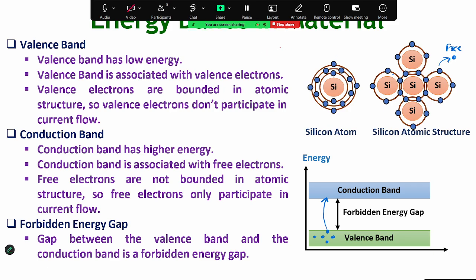What is the atomic number of silicon? 14. So the configuration is 2, 8, 4. So the valency is 4, and these are the valence electrons.